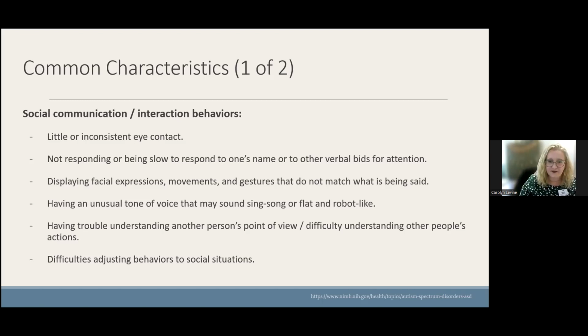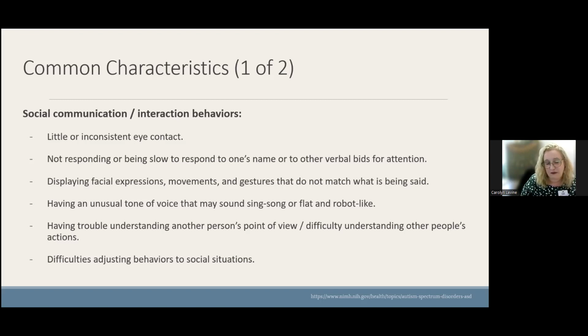Trouble understanding other people's point of view, why other people do the things that they do, is very common, and difficulty adjusting behaviors to social situations. So in the K-12 setting, they do a lot of social scripts, or I can't remember what they call it anymore, where they practice being in different social scenarios and what to say. You and I might walk into the office and it's automatic that we say, hey, how are you? when we walk by someone's office.